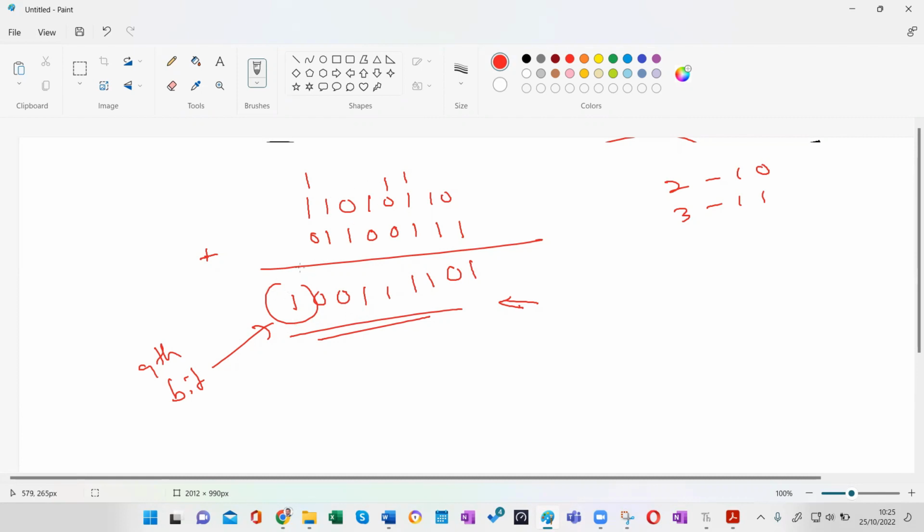So what will happen is this last bit will be gone. And the answer is going to be wrong, right? These bits here are not giving the correct answer. We need this bit also. So this error is called overflow. Overflow error.